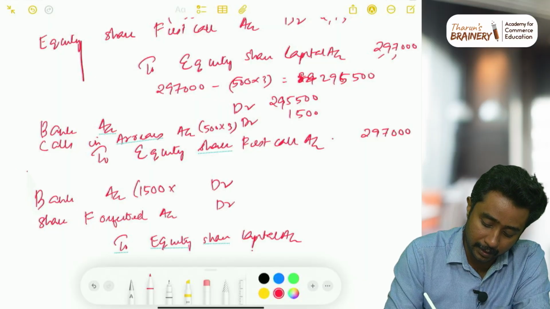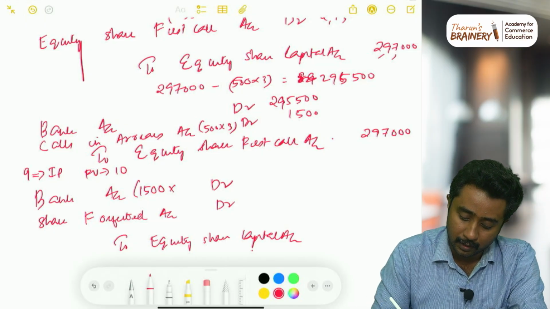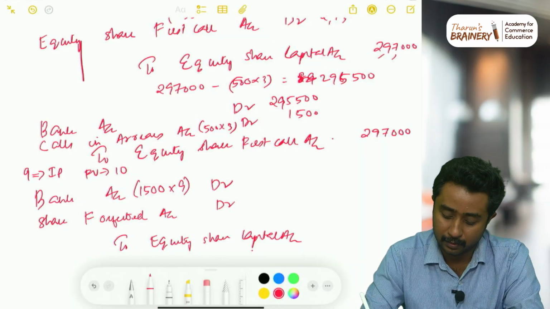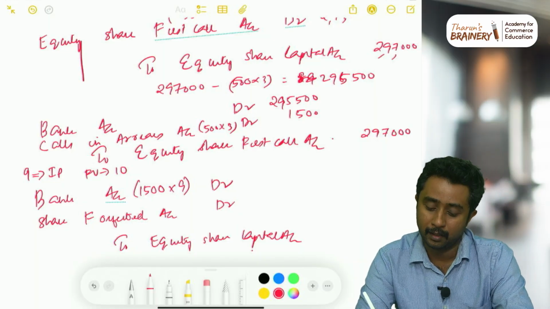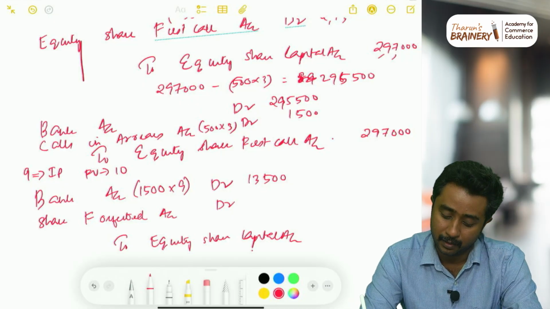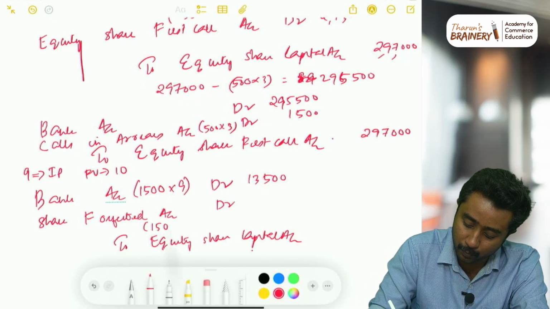The shares are reissued at rupees 9, that is the issue price, and face value is 10. So we collect 9 rupees per share. 1500 into 9, how much will come? 13,500 will come.